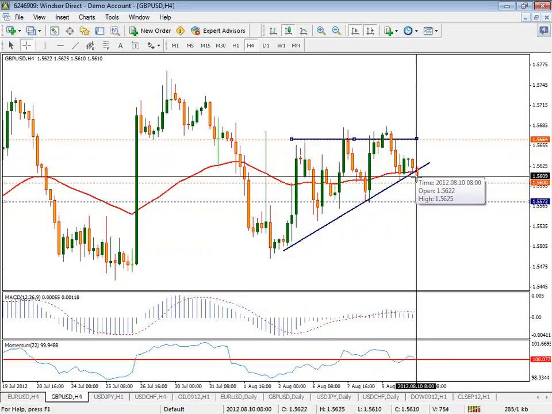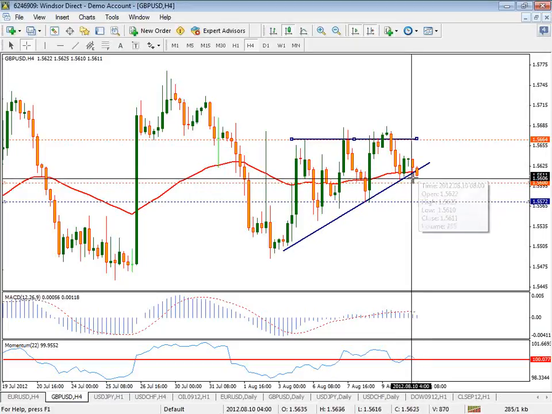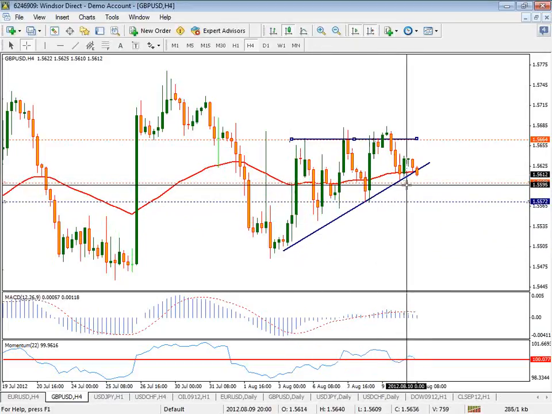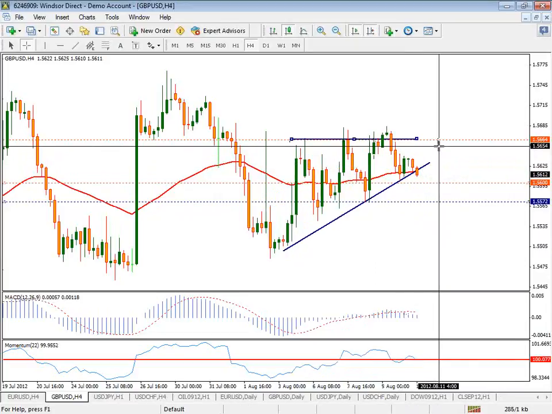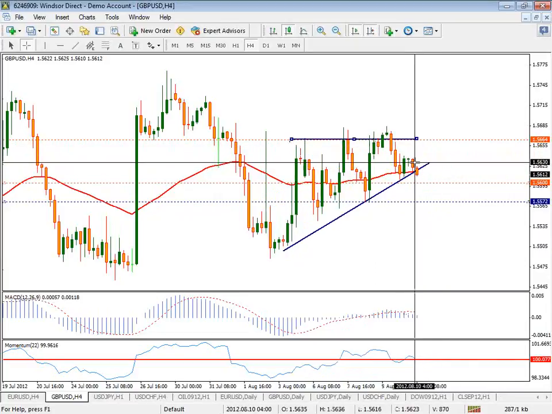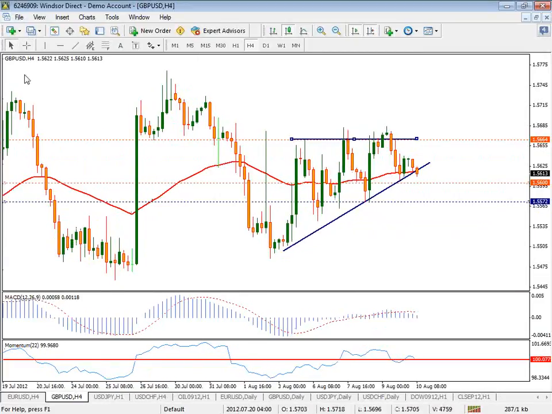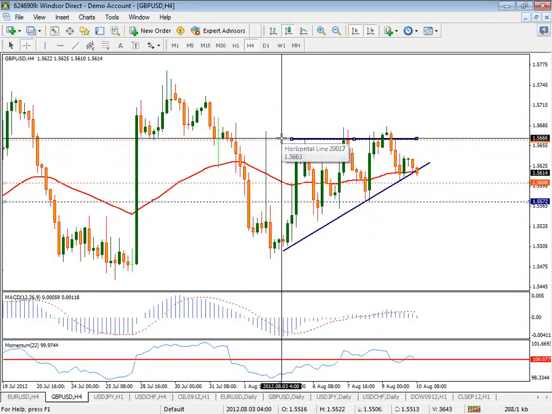So the current retracement, if it doesn't break the previous low, means this rising trend line would still be valid. So it's not clearly dropping as we see on the euro, but it definitely needs to break the resistance of 56.75 for us to be on the safe side that the market is going to continue to rise.